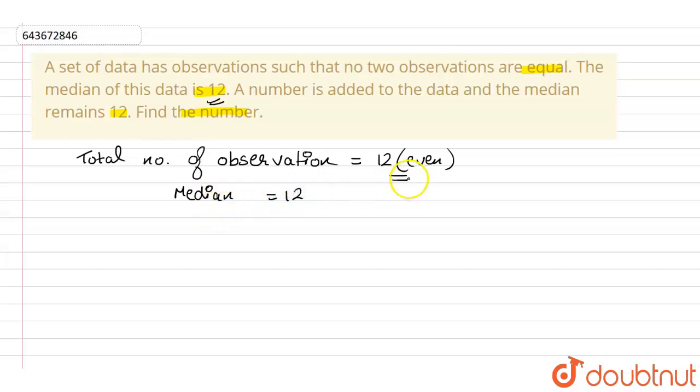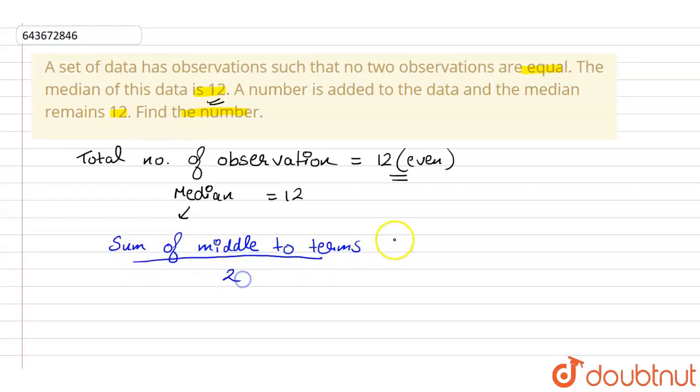The formula for the median of an even number of observations is the sum of the middle two terms divided by 2, and that will be equal to 12, which is given.